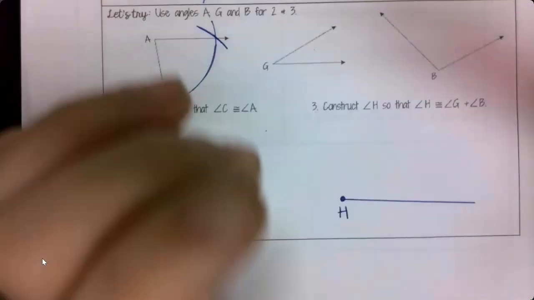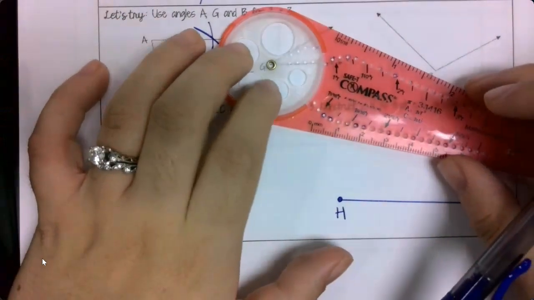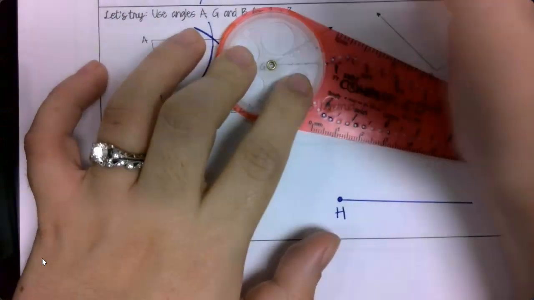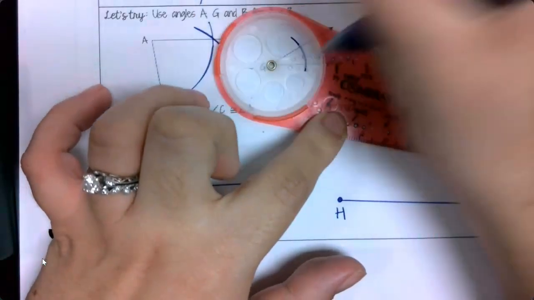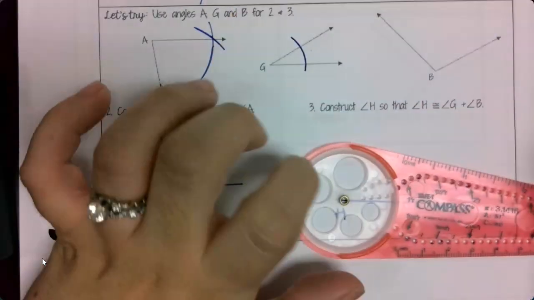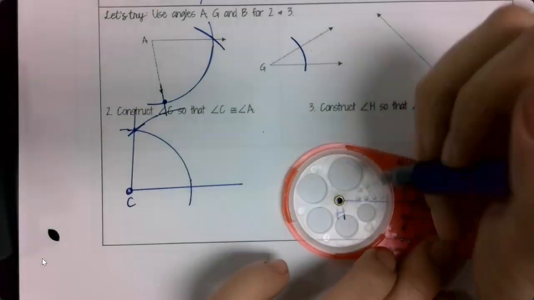Then on angle G, I'm going to draw an arc. I'm going to pick an inside circle here. And then I'm going to copy that same arc over to H.